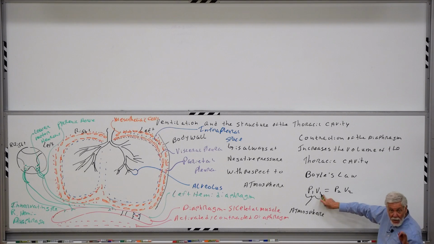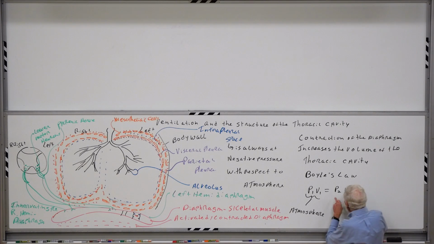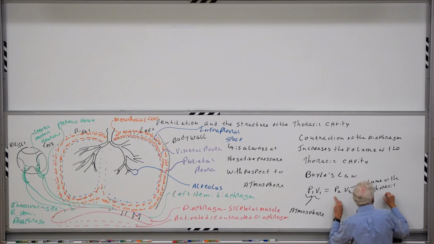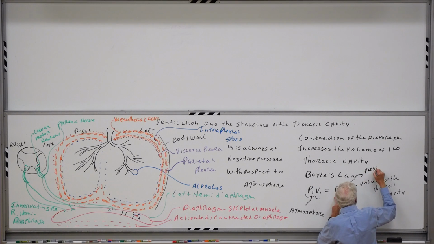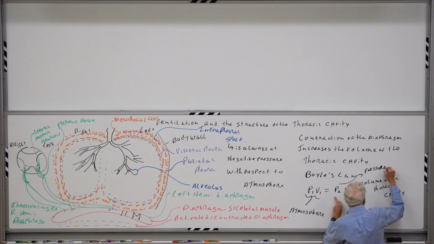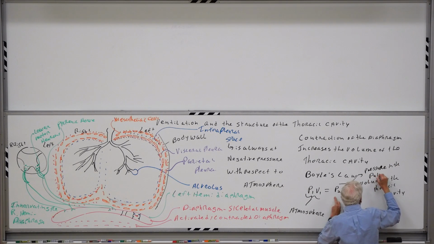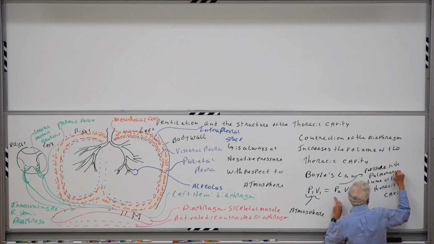That doesn't change. That's fixed. P2V2 is the volume of the thoracic cavity. And P2 is the pressure in the pulmonary space.